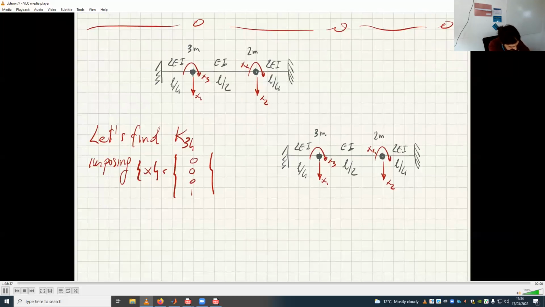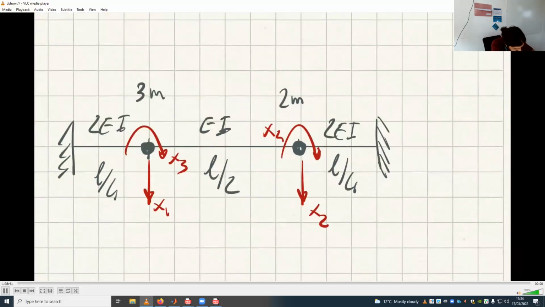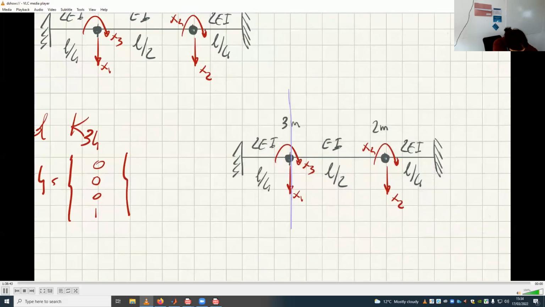That means imposing this. Imposing this means that this thing is completely fixed because X1 and X3 are 0. So X4 is unit. So this is like that. So I have something like this.